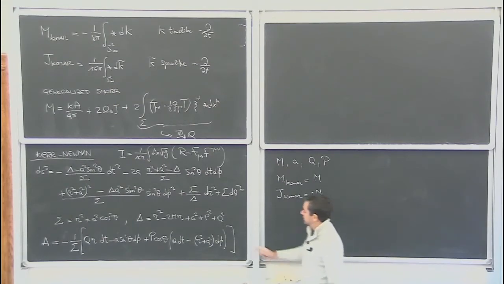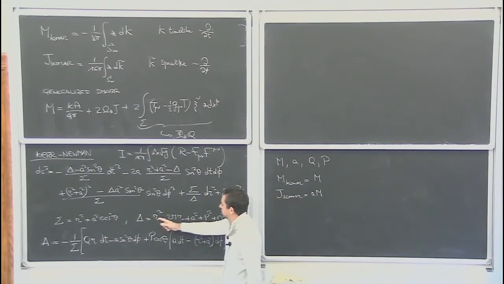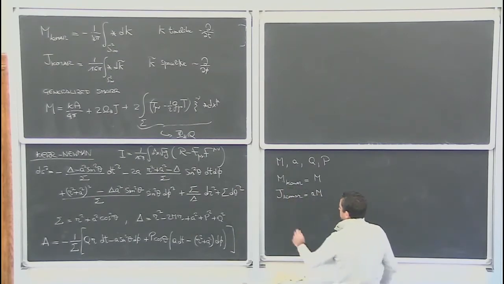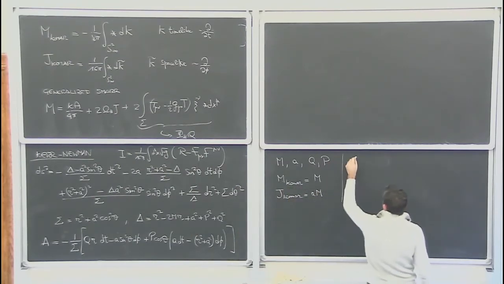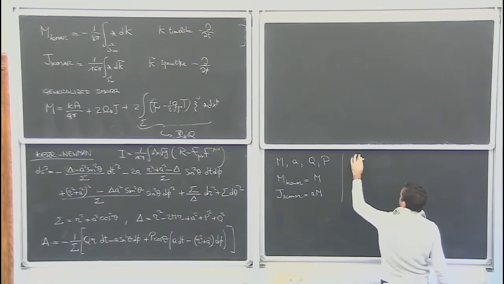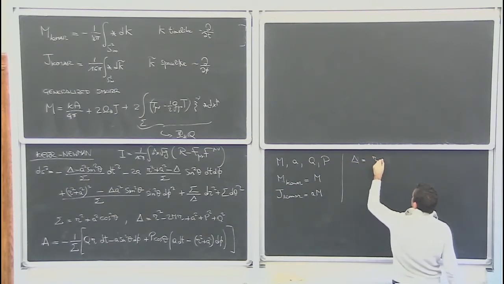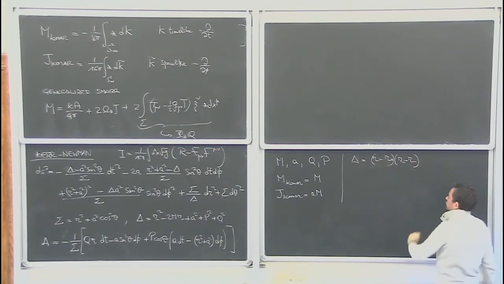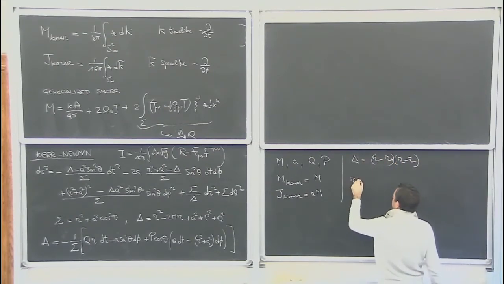And it is a function of R. It's a quadratic polynomial in R, so it can possibly have 2 zeros. So we can write delta as R minus R plus times R minus R minus. So these are the roots of this.